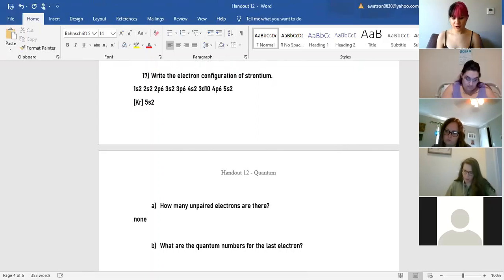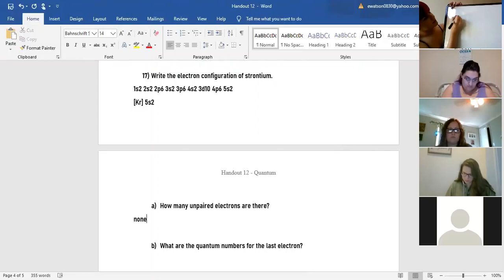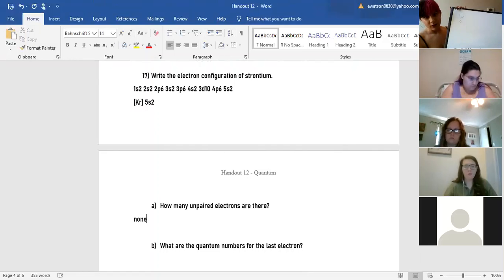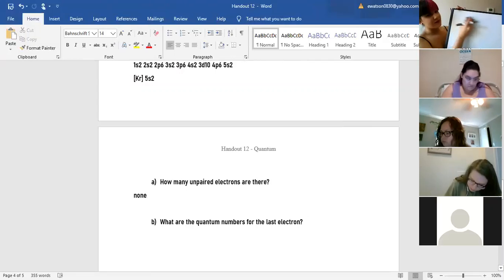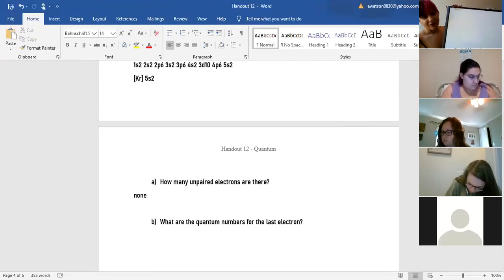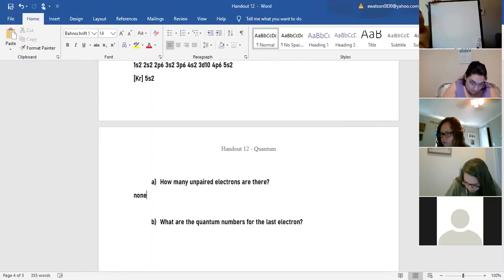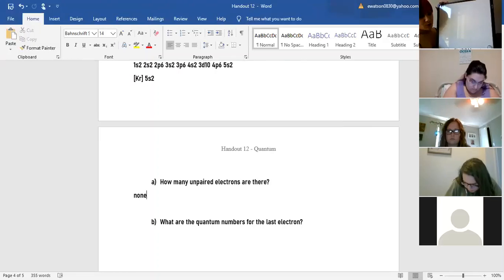Because if you think about your s orbital, you're going to have this line, and then you have 2 here, so you have 1, 2, and that covers it. So what are the quantum numbers for the last electron? You can do this one of 2 ways.